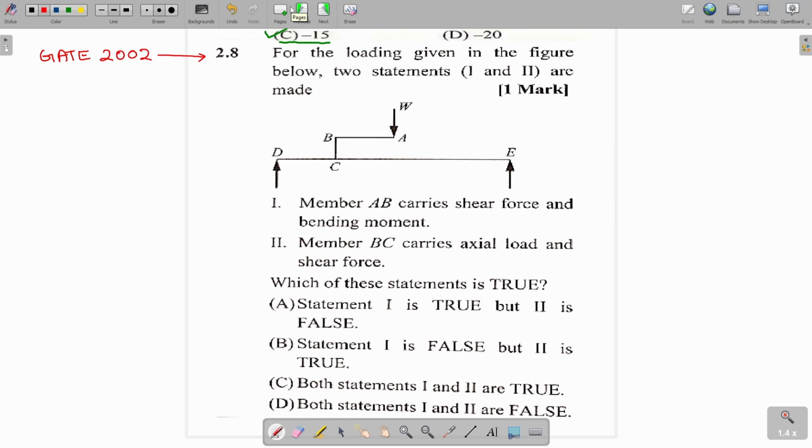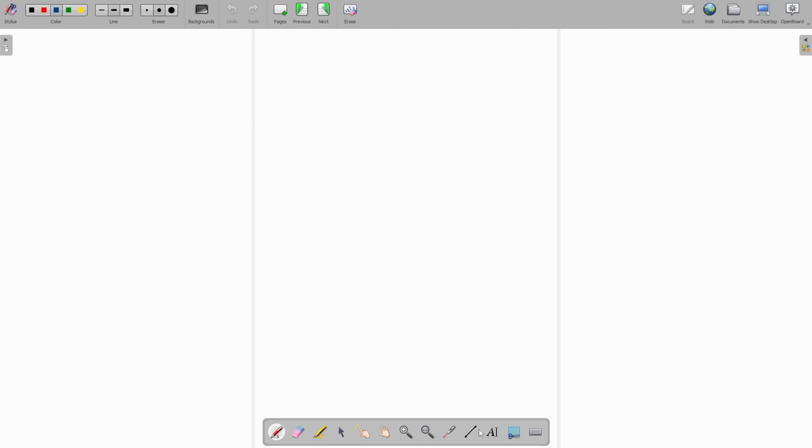So first, to do this kind of problem, we need to draw the free body diagram of the beam. Let us draw the diagram first. Question 2.8. This is the load W. This point is B. This point is C. This is D. And this is A. This is E. Reactions are taking place like this.